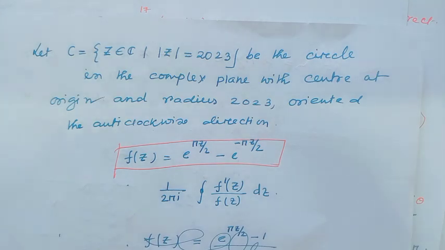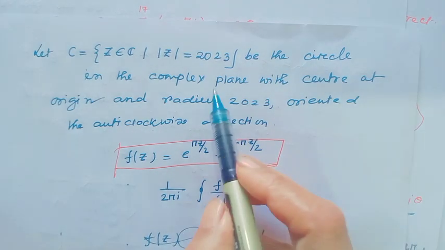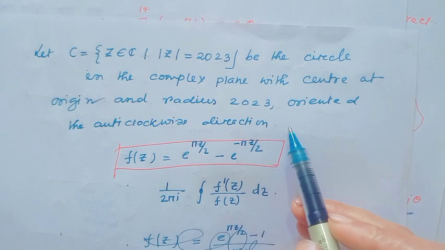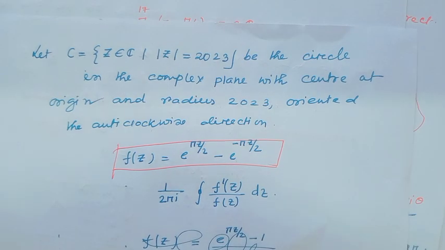Next question. Let C be the set of z belonging to C such that mod z equal to 2023, a circle in the complex plane with center at origin and radius 2023, oriented anti-clockwise, and f(z) equal to e to the power pi z over 2 minus e to the power minus pi z over 2.